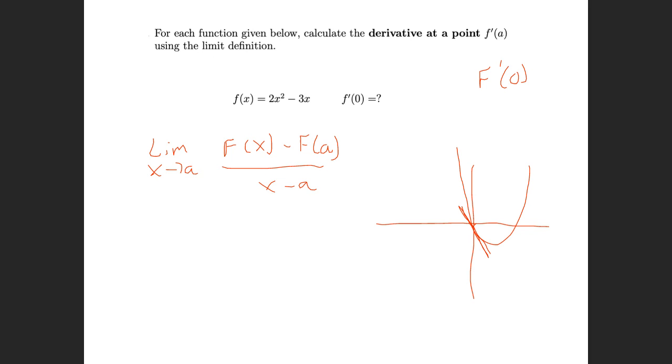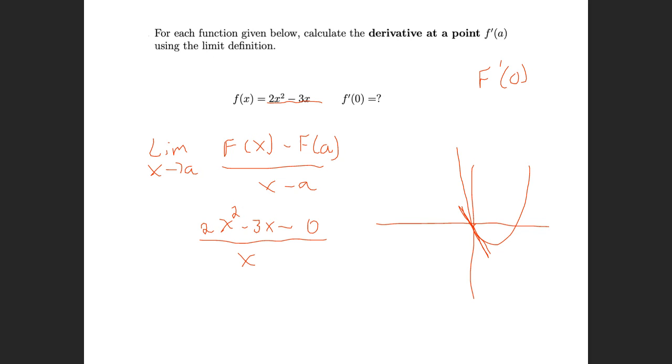So how did we do this? Let's work through the steps. I've got f of x. Well, that's just my function, so that's 2x squared minus 3x, minus f of a. Well, if I put 0 into this function, that just gives me 0 here, all over x minus a.